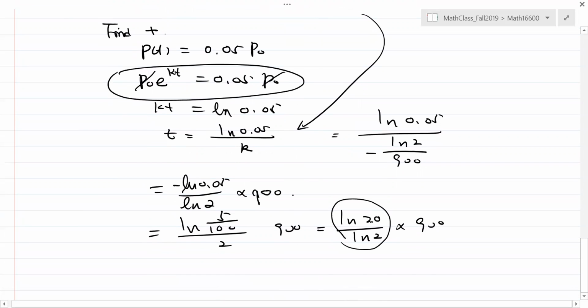So you have to show the details as much as possible, and there's no need to circle the answer somewhere at the corner of the page, because you should learn how to express it clearly in a very organized way. Then I know where the answer is. There's no need to circle it.